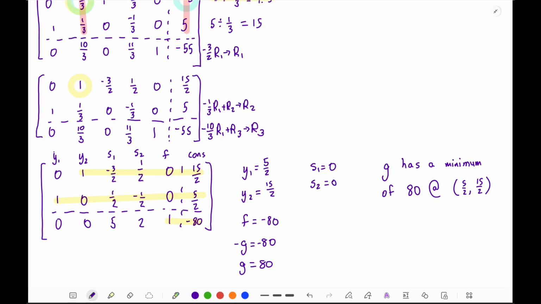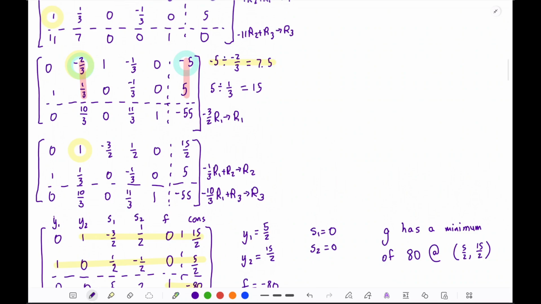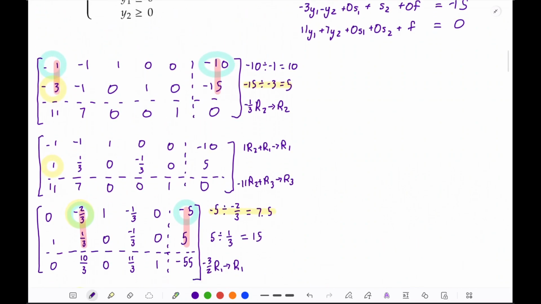Now I do want to show you what this does graphically. So let's go back up. Let's read the solutions off here. S1 would be negative 10. S2 would be negative 15. F would be 0. Where y1 would equal 0 and y2 would equal 0.